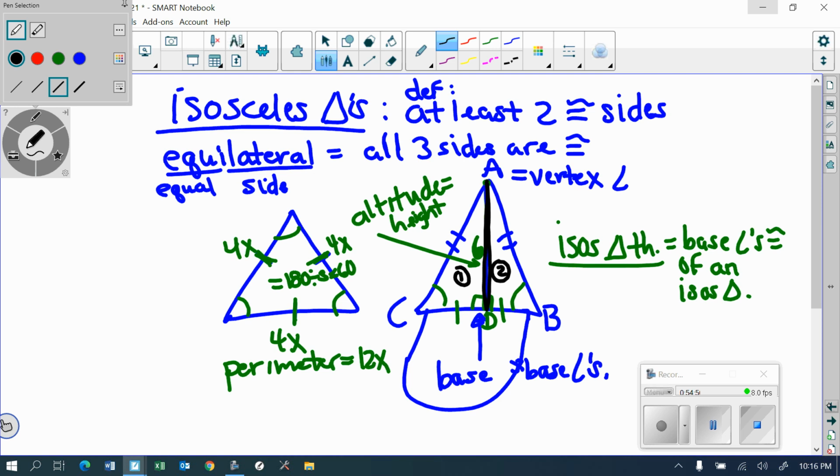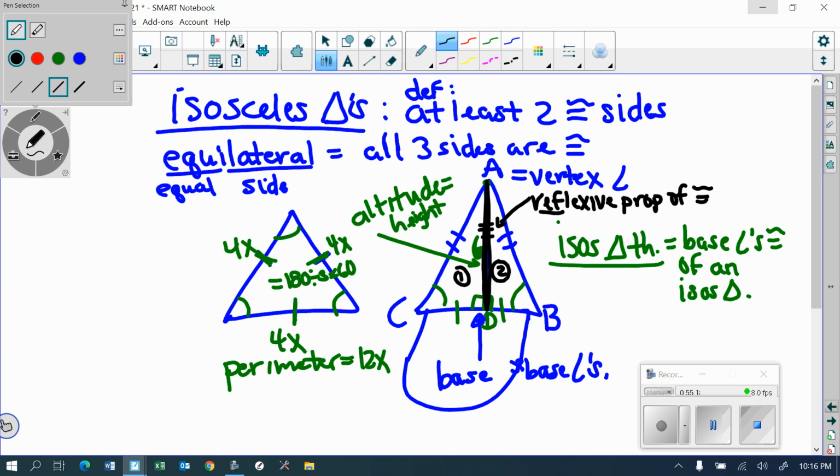Okay, another justification that's on your sheet there to prove triangles congruent is if I have a side congruent to itself. Any side I can name it congruent to itself, and that is called the reflexive property of congruence.